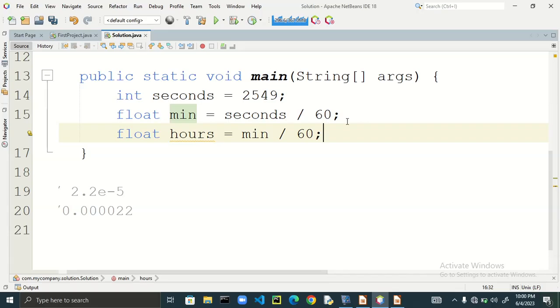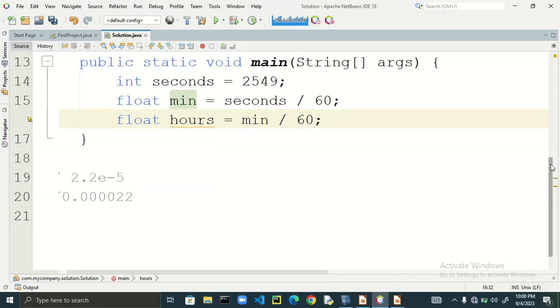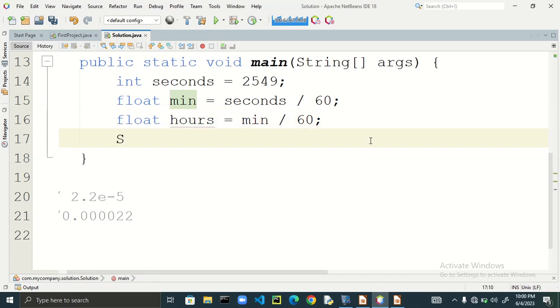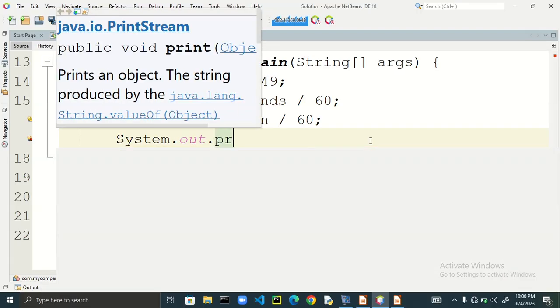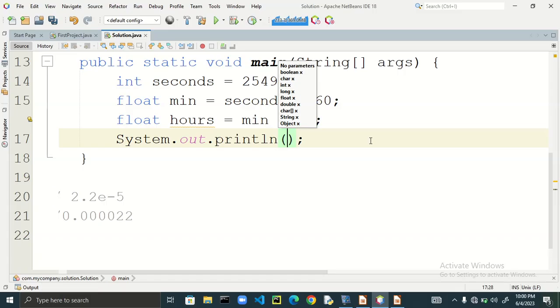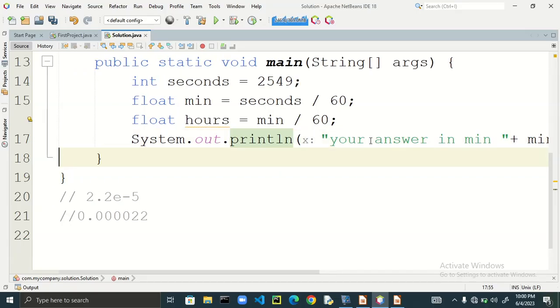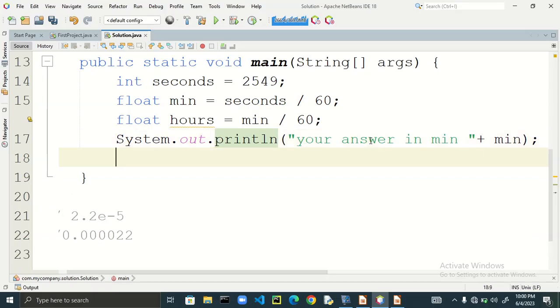Now we might have a little problem, but let's go ahead and see what we are going to get. System.out.println, and then your answer in minutes, it's going to be plus, then you put your minute here. Remember your semicolon at the end.